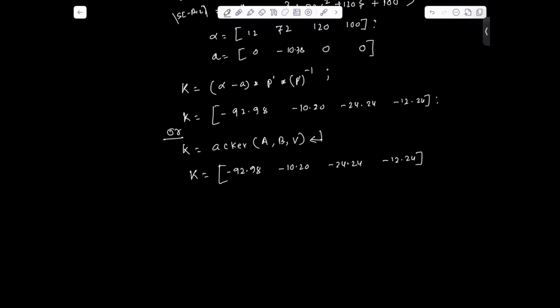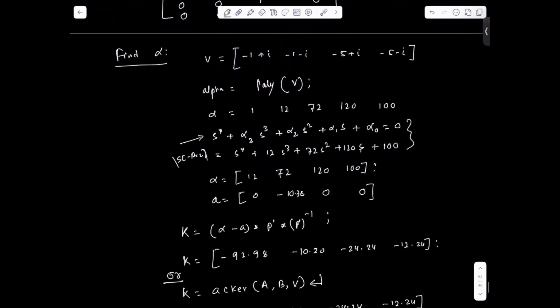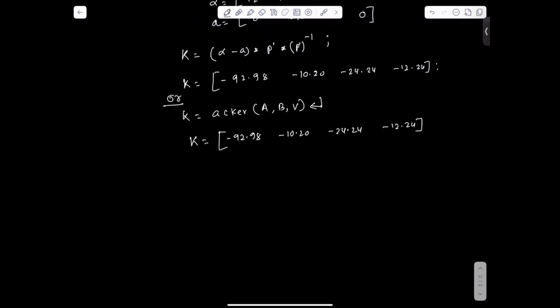So instead of going through all these steps, you can simply write this command, where A is the system matrix, B is the control matrix, and P is your desired poles used to design the control. This is how we can design the state feedback control in MATLAB.